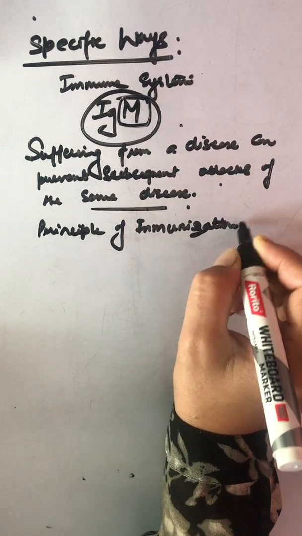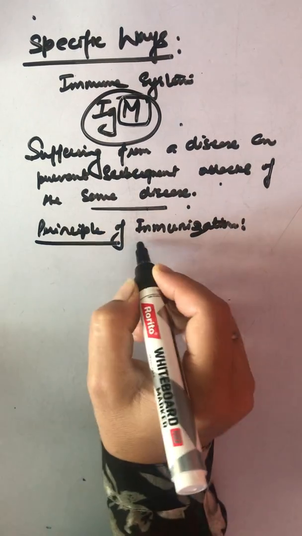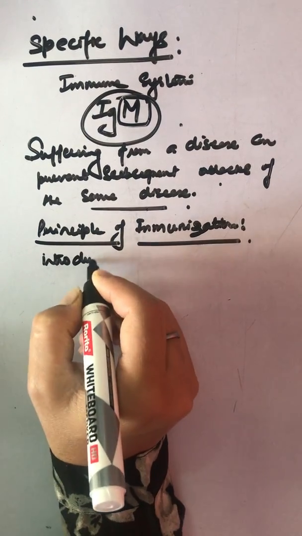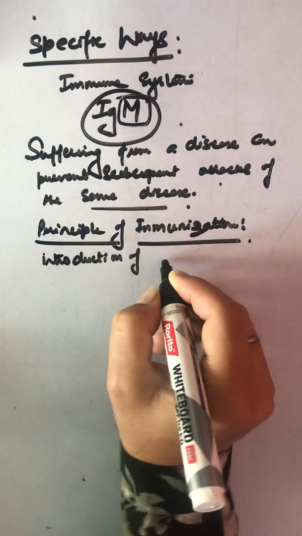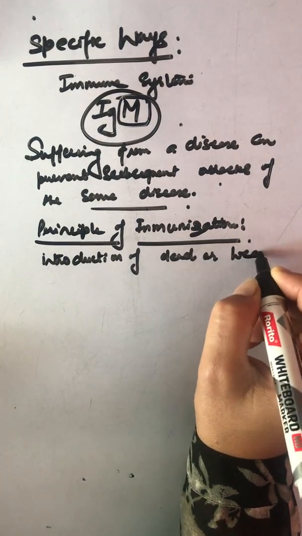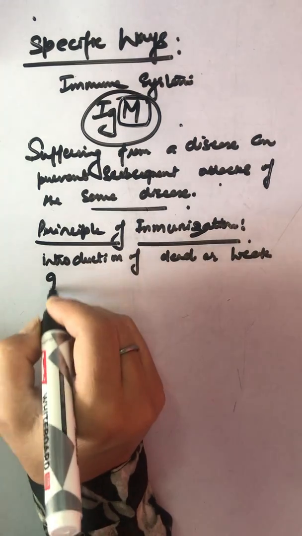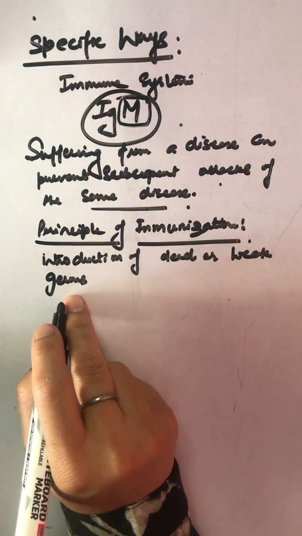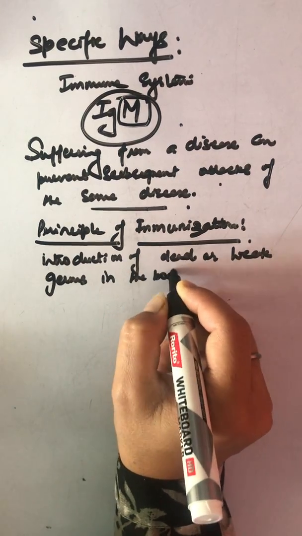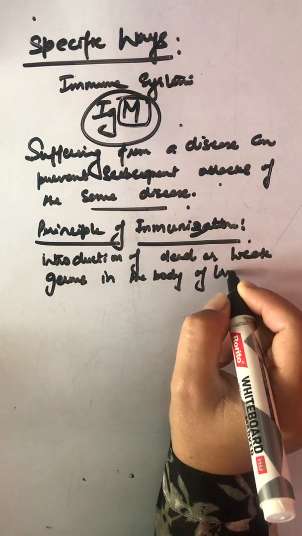What happens in immunization? We say it is the term used for the introduction of dead or weak germs into the body of living organisms.